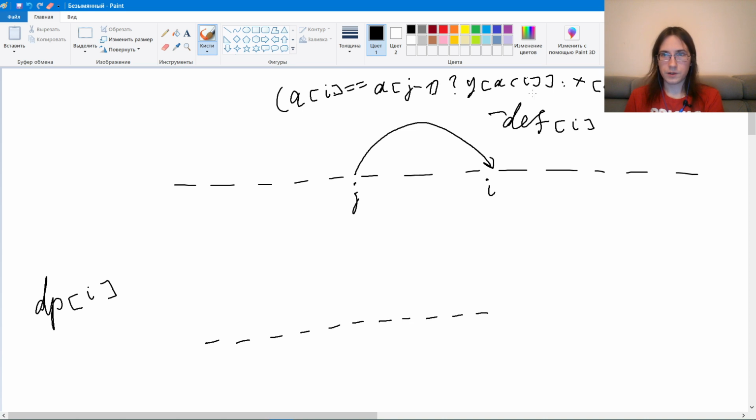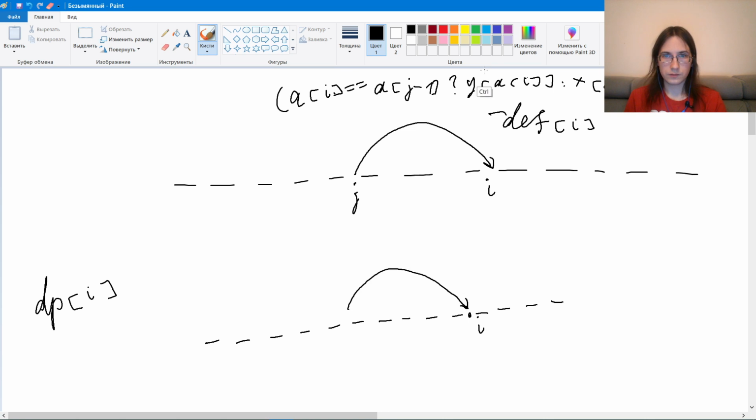You see, we have two cases here. We either pay y or we pay x. Let's consider both cases separately. Let's say this is i. We will subtract the default price, because this is what we have to do in any case if we jump into i.